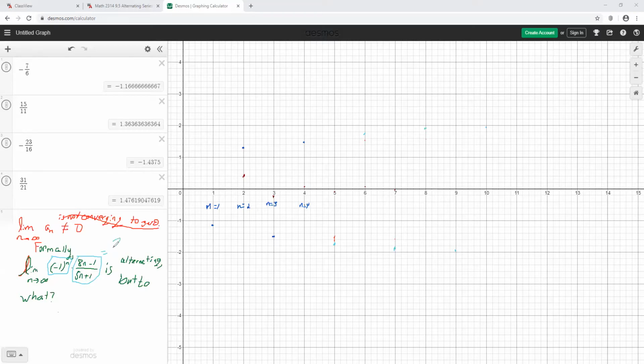if we got 2, then that would mean that half of these points would be getting closer to negative 2, and the other half of these points would be getting closer to positive 2. But that's not converging.